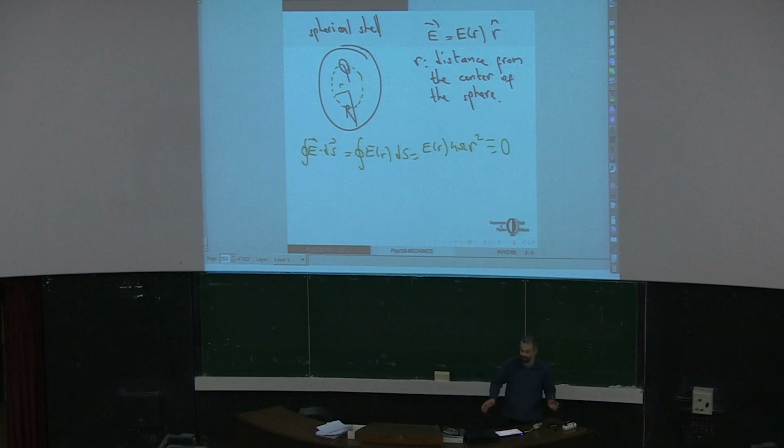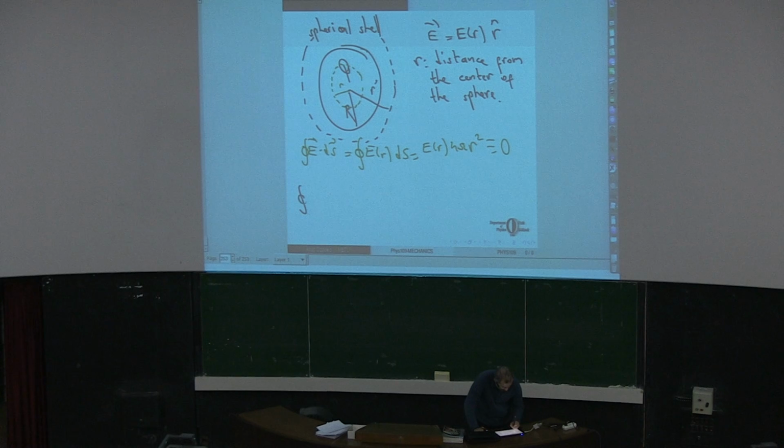Inside is empty. Now let's choose another Gauss sphere, this time outside the shell. This is my second sphere. Again, let's call the distance, this time, r prime. Some sphere outside my shell.